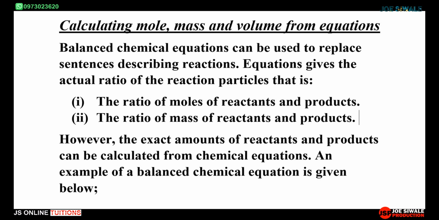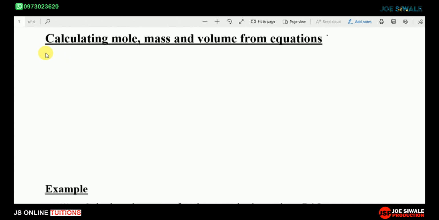So let us look at an example of a balanced chemical equation. For example, if we have hydrogen plus oxygen, we know that this produces water.